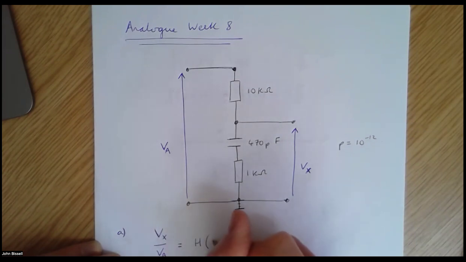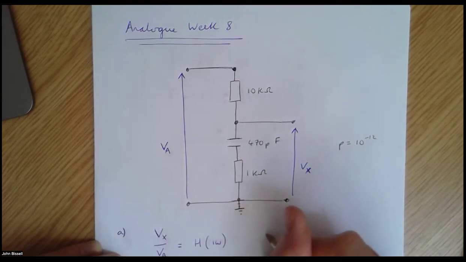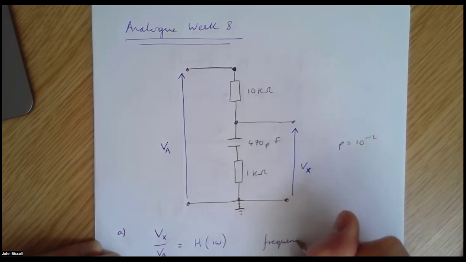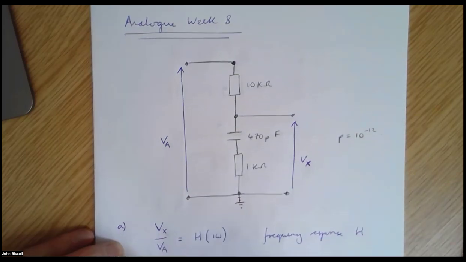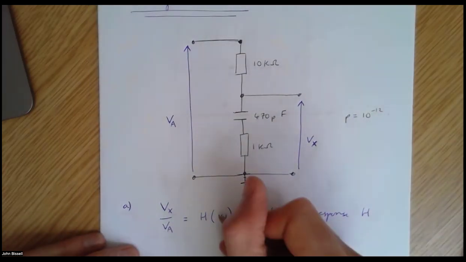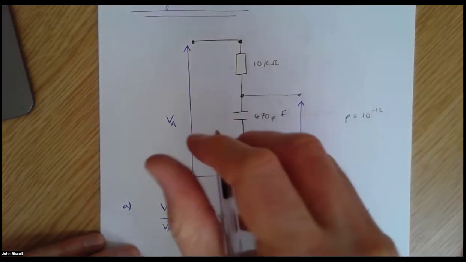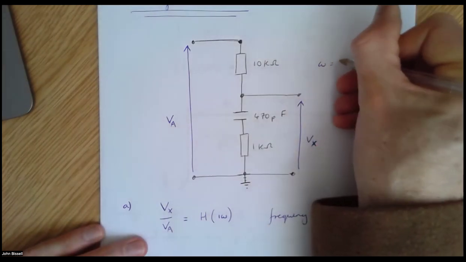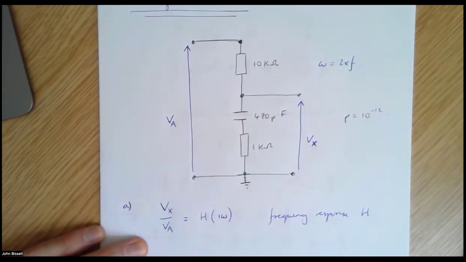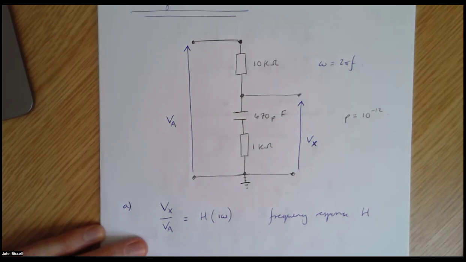Yeah, I think we've done that before. Okay, the frequency response H is a function of j times omega, where omega is 2 pi times the frequency of the signal. Yeah.